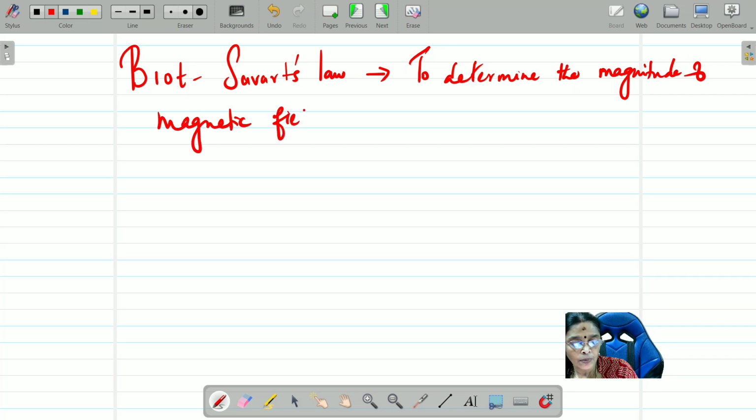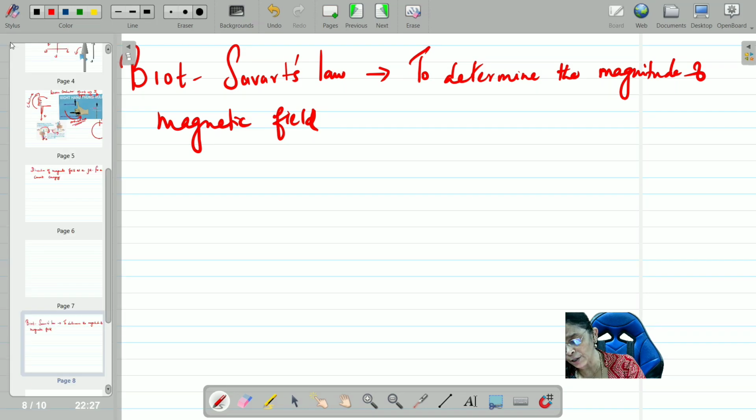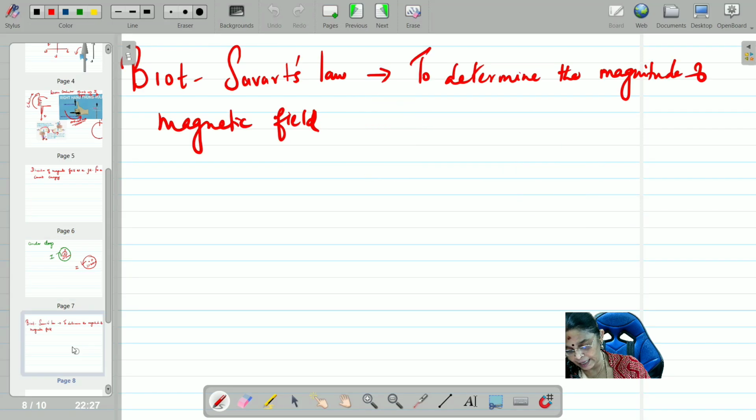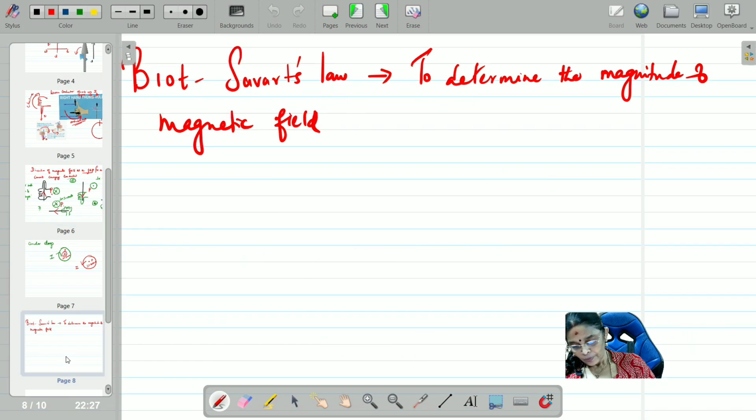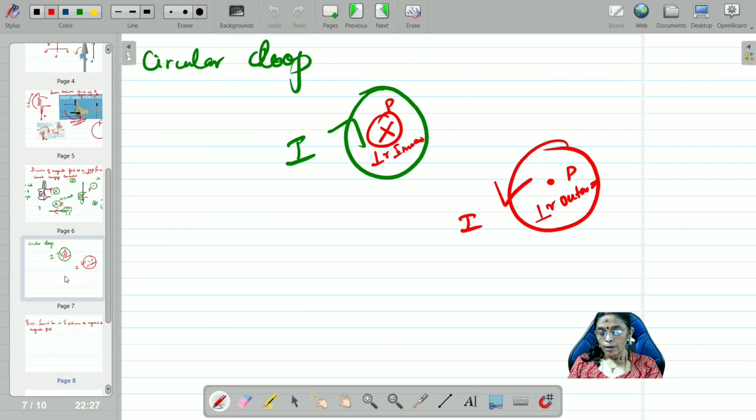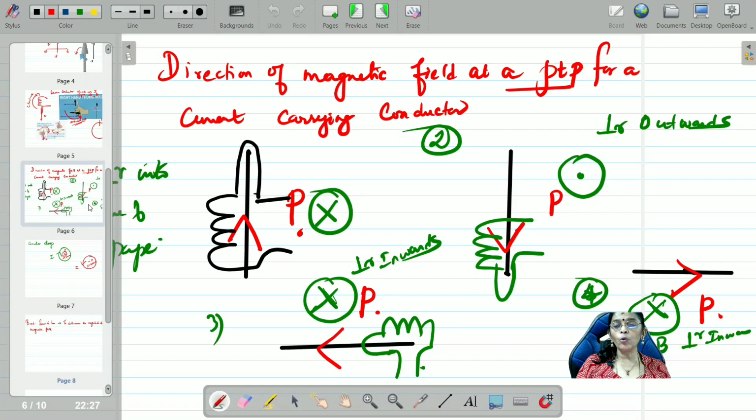In the previous page, I would like to just tell you, listen here, you must be knowing that the magnetic field is always produced around the wire, not along the wire. If I ask you what is the magnetic field at point P along the wire, then you should say there is no magnetic field at all.